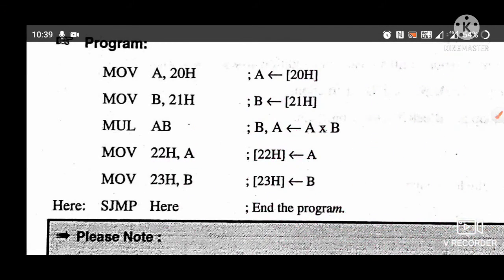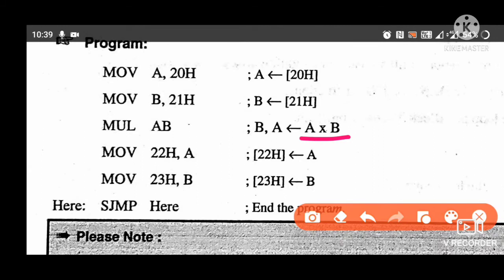We already know that when you multiply two numbers, the answer is stored inside the A and B registers, because initially the input values are in A and B, and after the multiplication only the result is available in A and B. So we transfer the data 10h into the 22h memory location.